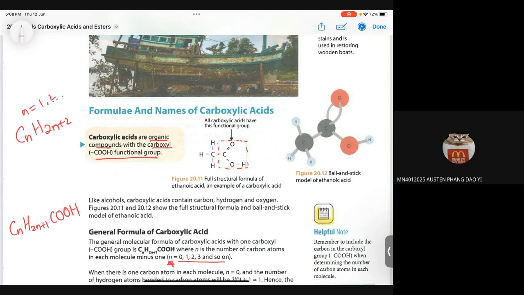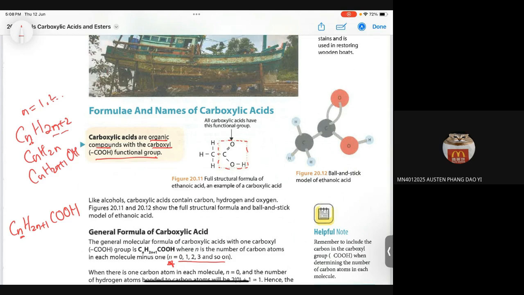Because there's a plus 1, so the minimum it can be is 1. No, my n can. Down here I also have CnH2n, the n can also start from 1. I have CnH2n+1OH, my n also starts from 1. But this one, how come n starts from 0?